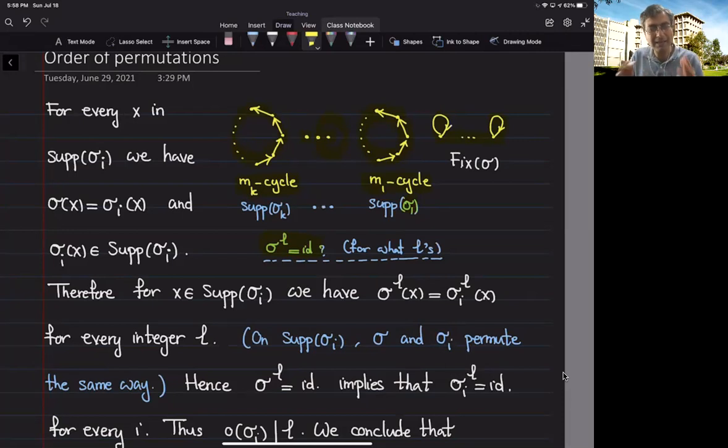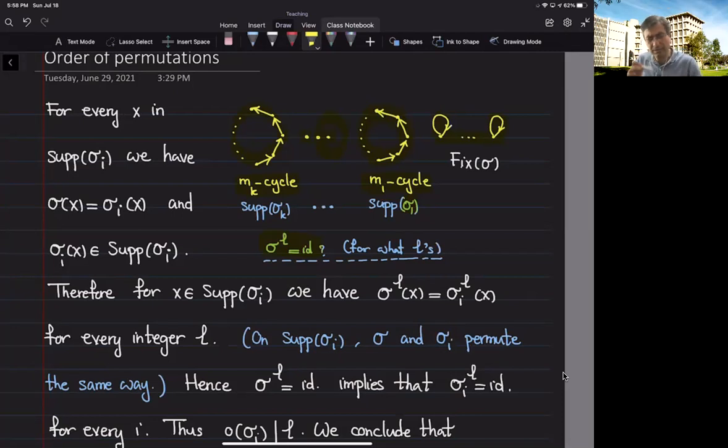If L is a common multiple of those numbers, then sigma to the L is identity, and vice versa. Altogether, we deduce that the least common multiple of the m sub i's is precisely the order of sigma.